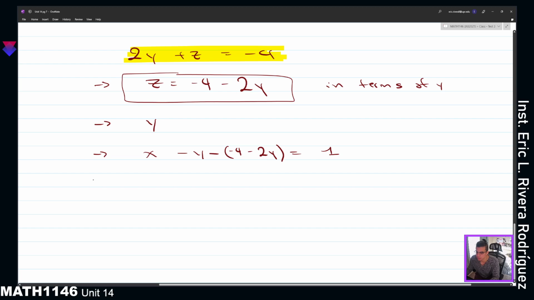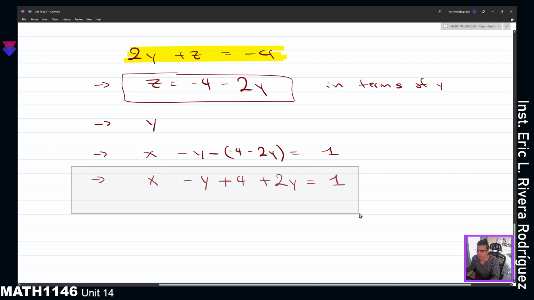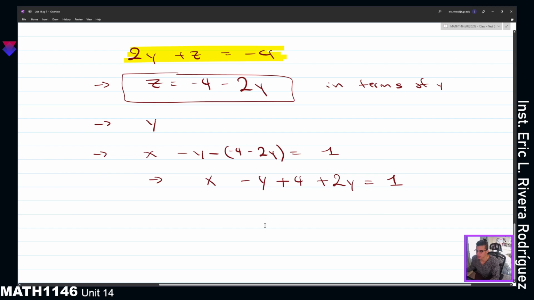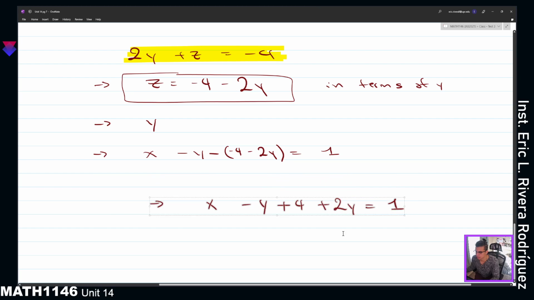So I think I'll continue down below. Let me move this a little bit here. Okay. So this step is in continuation of this that we have here.